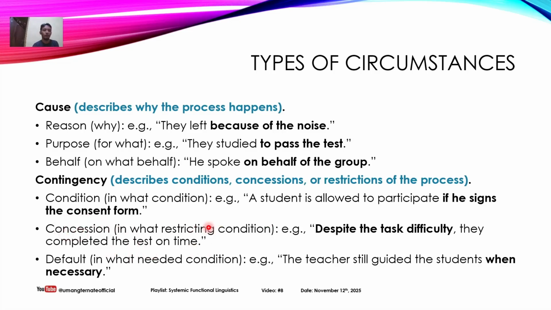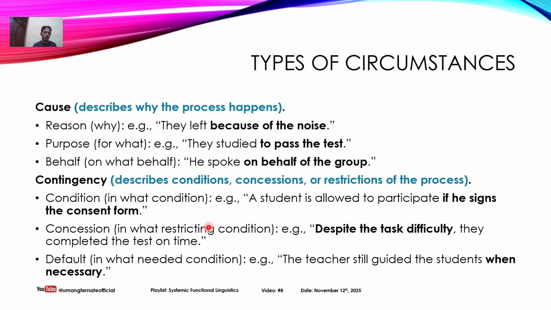We can find other examples like although. Although the task is difficult, they completed the test on time. So that first clause, although the task is difficult, has a circumstantial function in the complex clause.